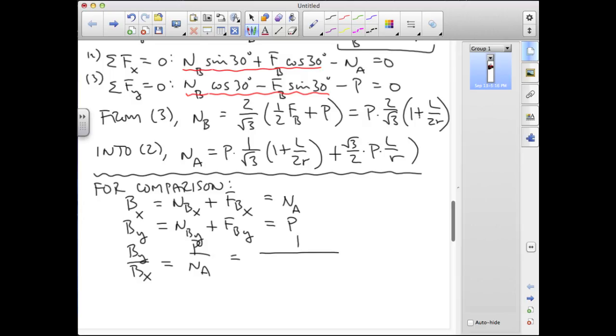It's 1 divided by 1 over root 3, quantity 1 plus L over 2R, plus root 3 over 2 times L over R. I'm going to multiply and divide this expression by the ratio root 3 over 2R, top and bottom.